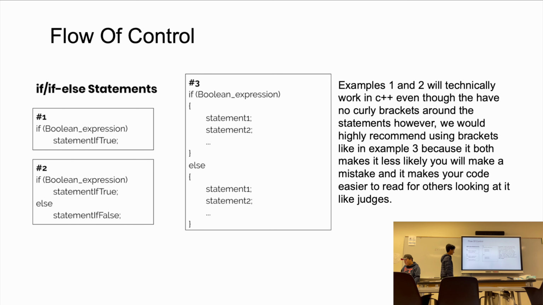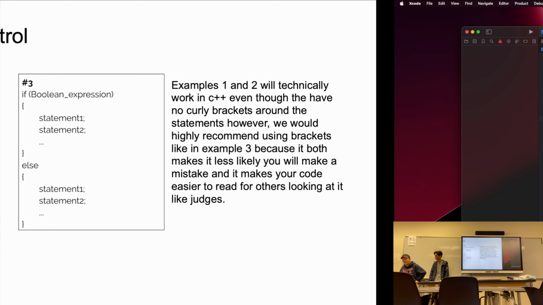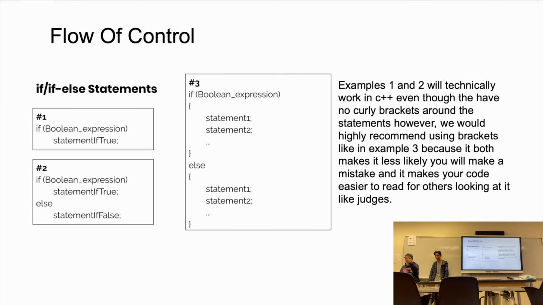I'll explain the else thing later. Did any of you do Python? You know that you don't put brackets in statements, you put a tab before your statements, right? Basically in C++, just put the brackets.